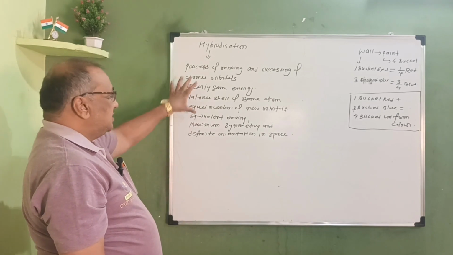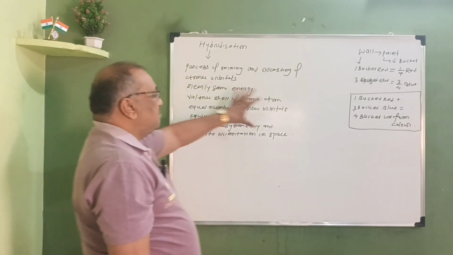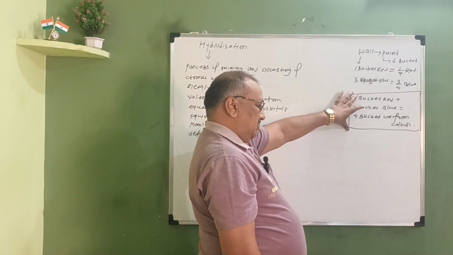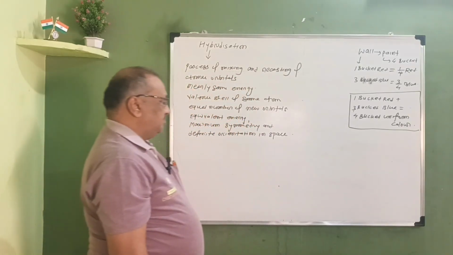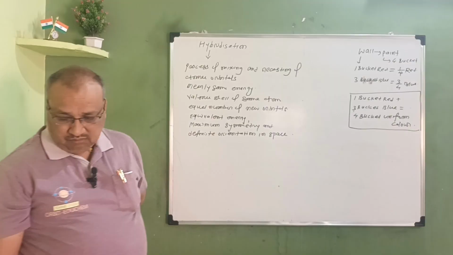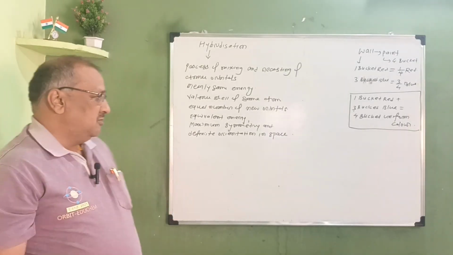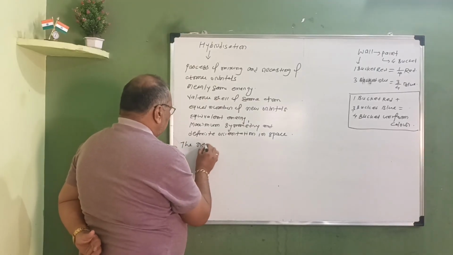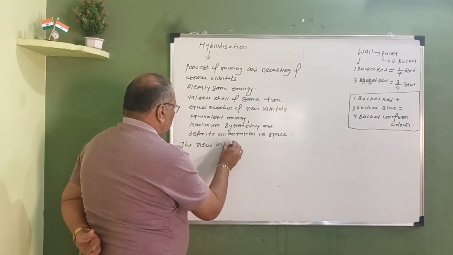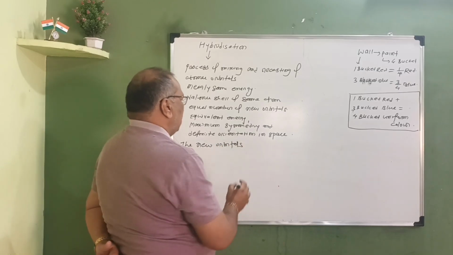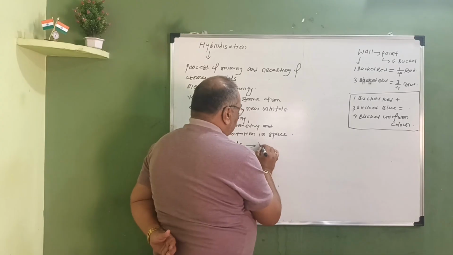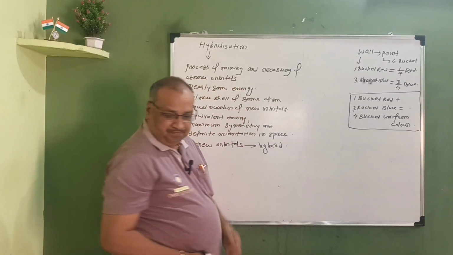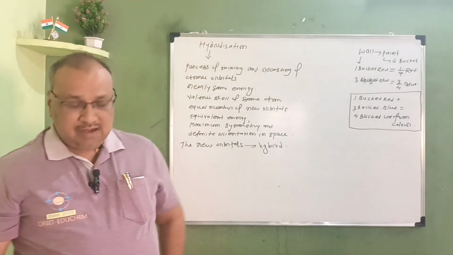That means this definition is directly compared with this example. Now here the new orbitals are formed. The new orbitals are called hybrid or hybridized orbitals.